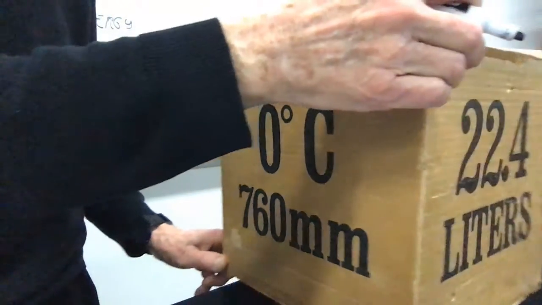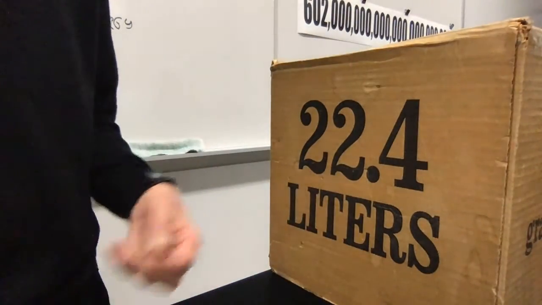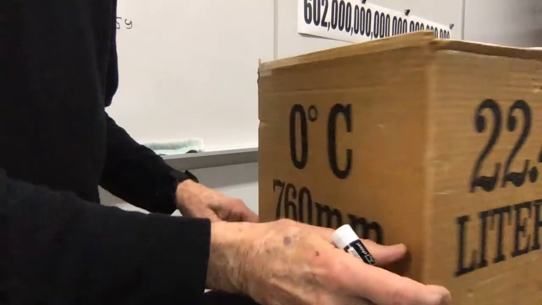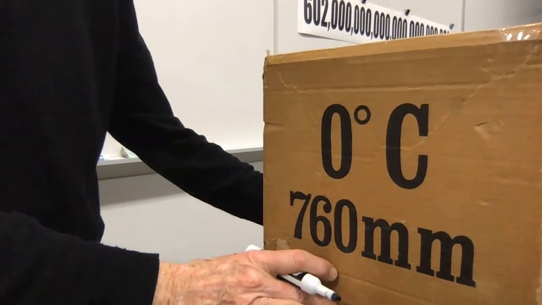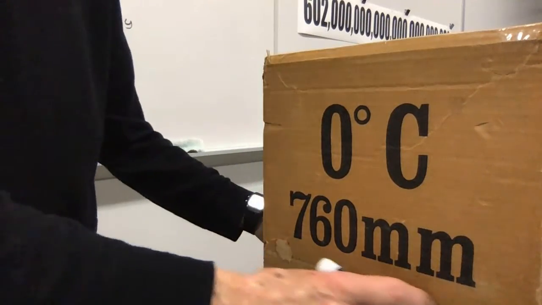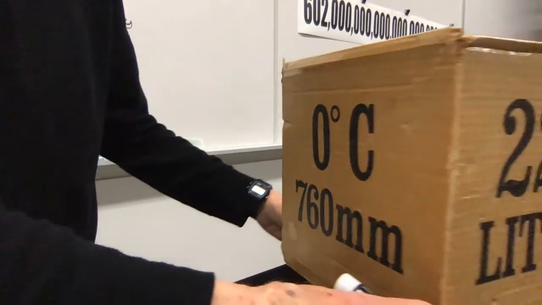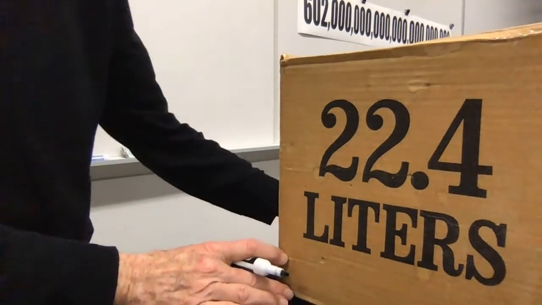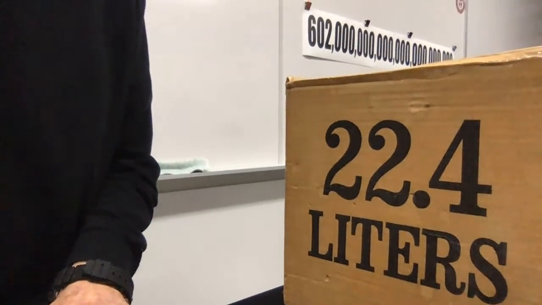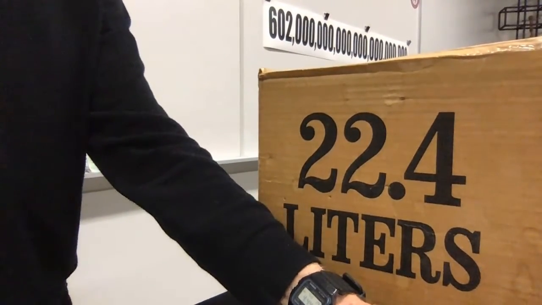When you have gases at this condition, and that's pretty easy to achieve, a cold day, probably a nice day where the atmospheric pressure is not like stormy weather, and if that's the case, you might have to change this number down here. But if it's a nice day, cold outside, freezing cold, then the amount of gas that you could put into the container would take up this amount of space, 22.4 liters.